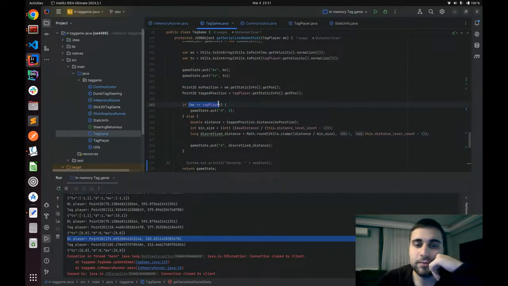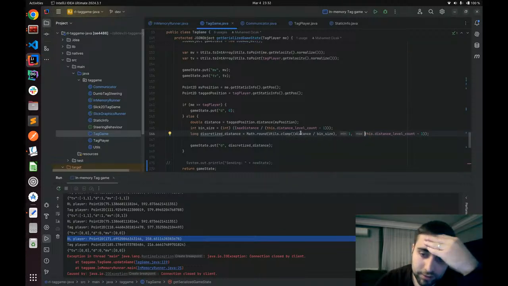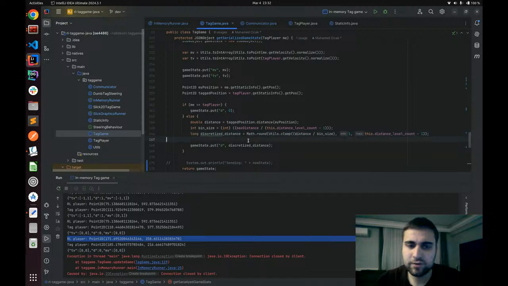These two are not equal to each other, obviously. This guy is clamped and rounded. Can't be. Wait a second. Can this ever be 0, really?